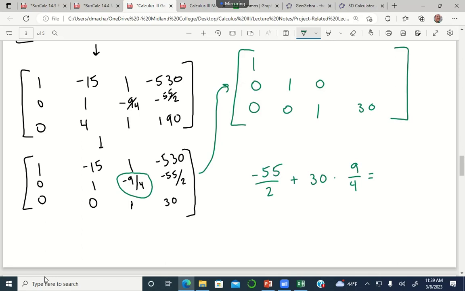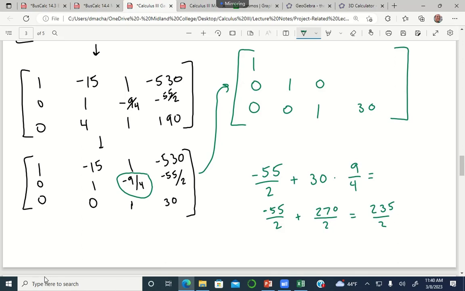So that would be 270 halves. What's 270 minus 55? 235 halves. Did I make a mistake here? I think it's 215.